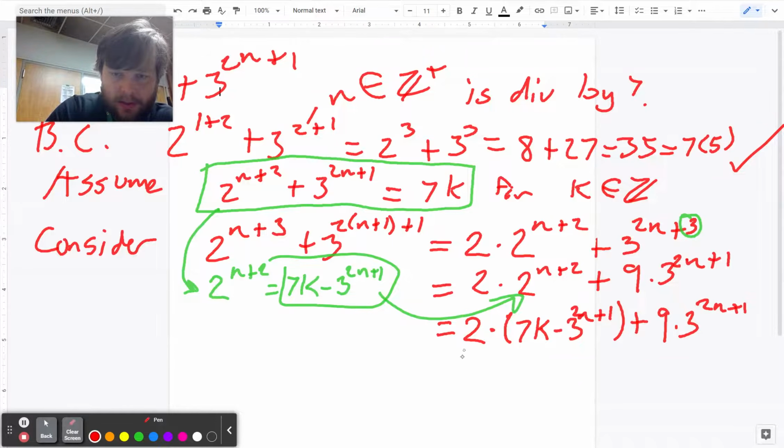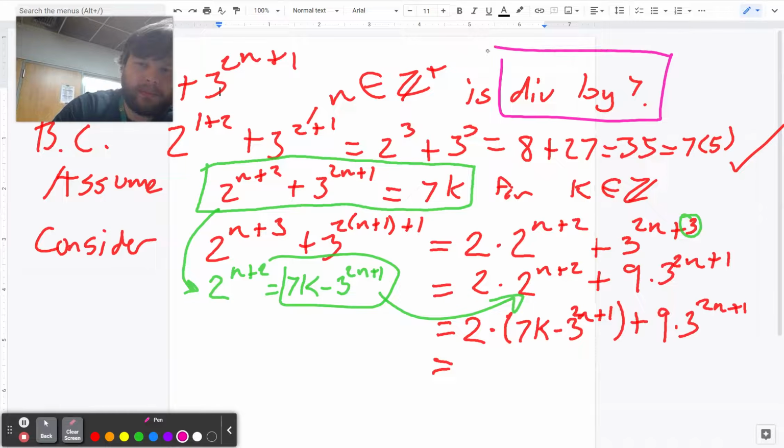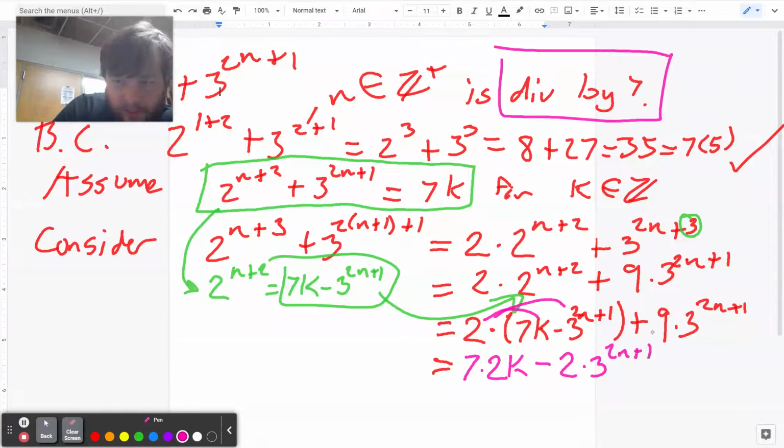If you watch the previous video, you'll see I've done this trick before. I only want to prove, remember, what's our goal? We want to prove it's divisible by 7. So I want to end up with 7 times something. So I'm going to distribute the 2 in kind of a weird way. I'm going to do 7 times 2k minus 2 times 3 to the 2n plus 1 plus 9 times 3 to the 2n plus 1.